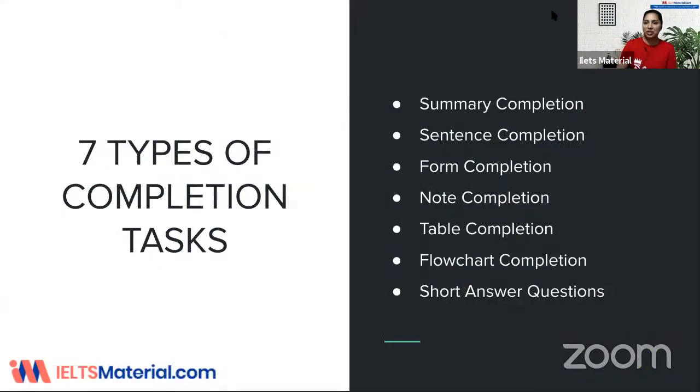Today's session is related to completion task. Now, again, before I start the session, in case you are facing any problem related to the screen on the right hand side, where you see different names as your video is not on, it is not turned on from my side.